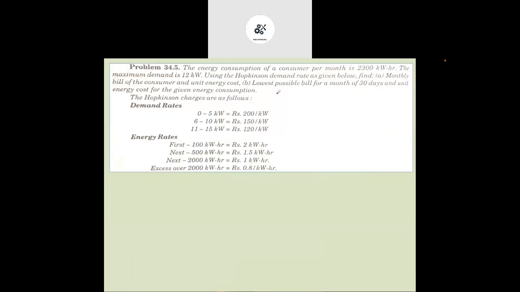Now the next one. Second, we have to find out the lowest possible bill for a month of 30 days and the unit energy cost for the given energy consumption. First we found the actual monthly bill. Now we have to find the lowest possible monthly bill for that customer.